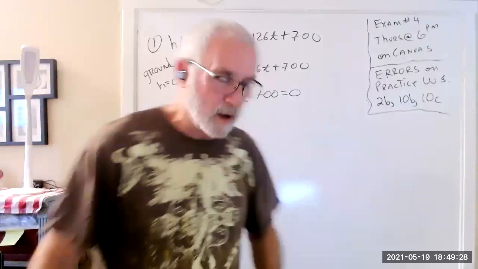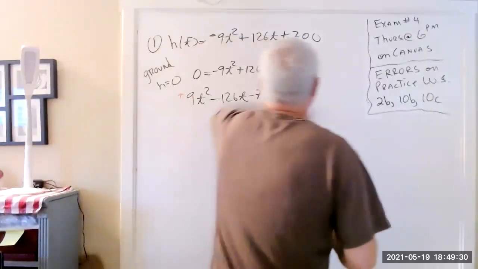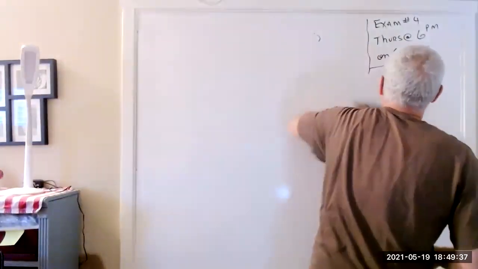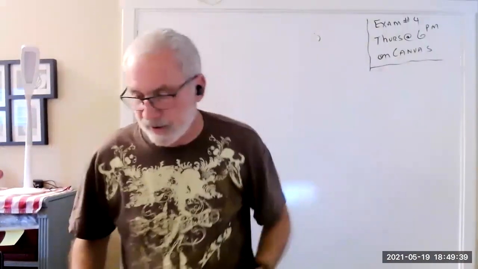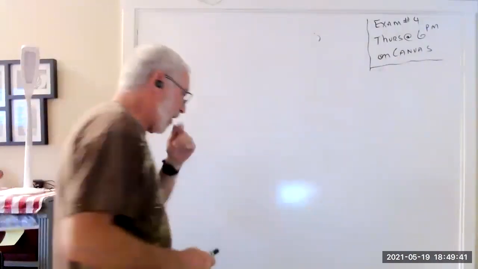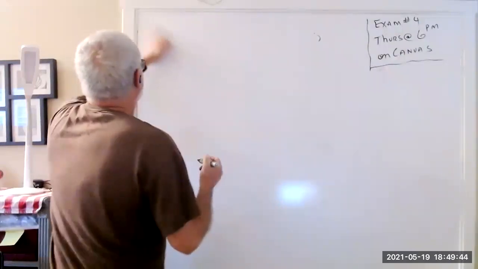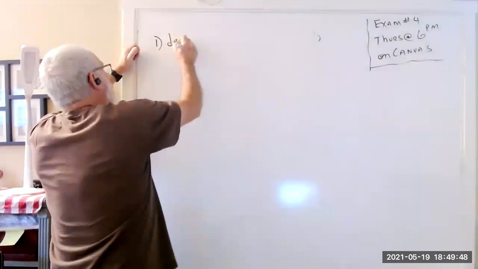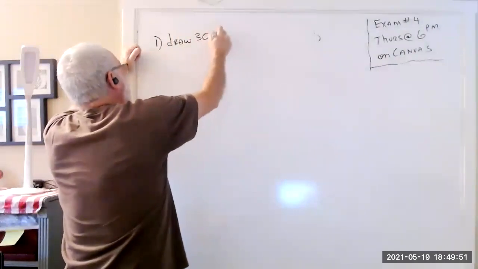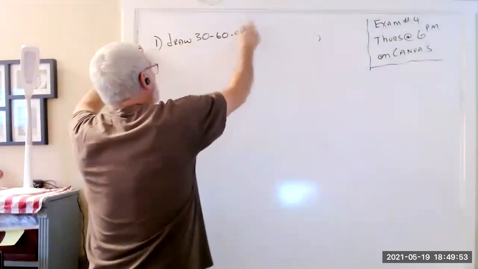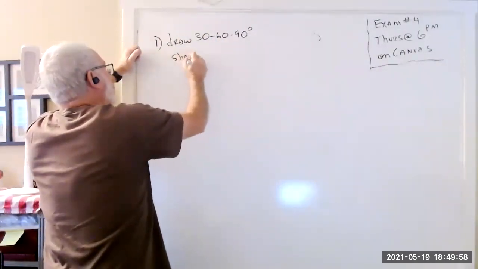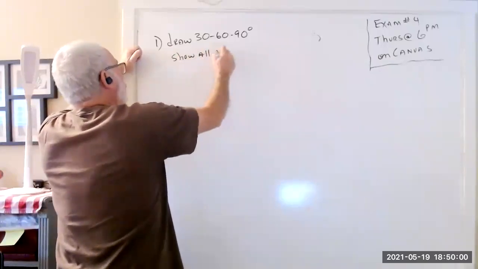While you guys are thinking about another question, I want you to draw a 30, 60, 90 triangle, and I want you to show all angles.